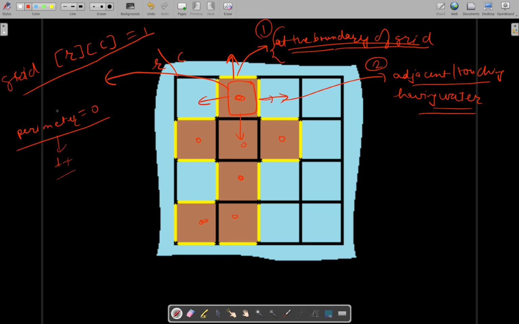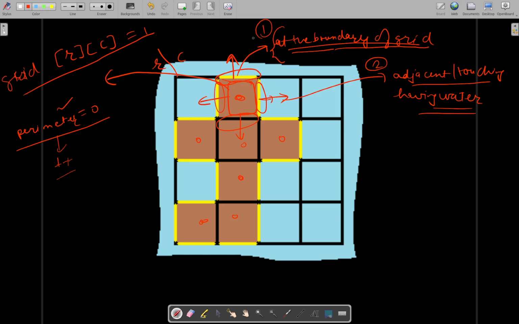and that particular side will contribute to the overall perimeter. If you are going in the upward direction, the side which is facing upward is contributing to the perimeter. Similarly, we will check for all four of these. This is the logic.